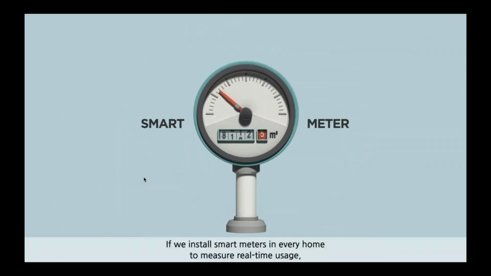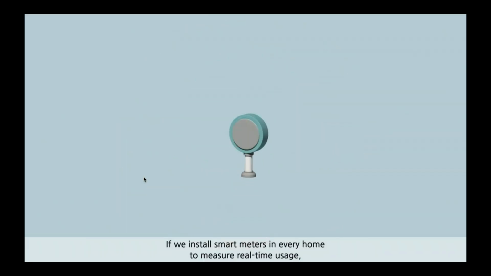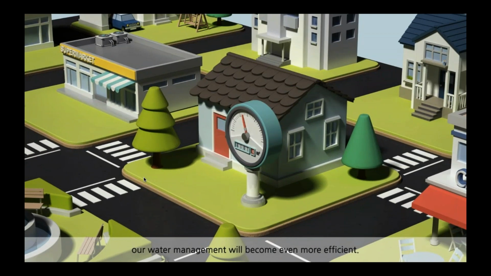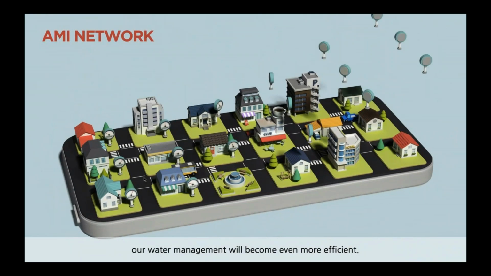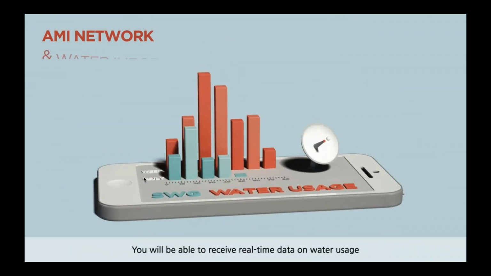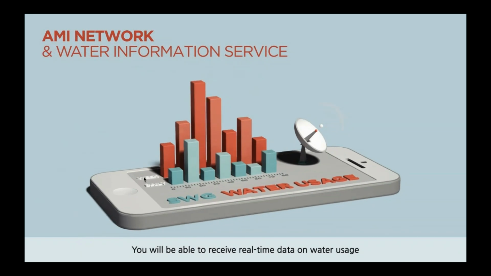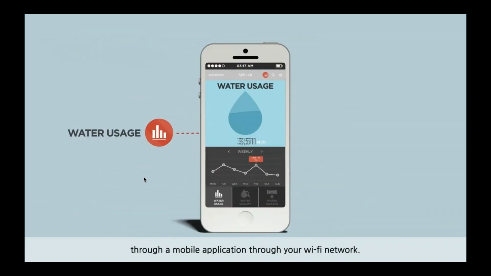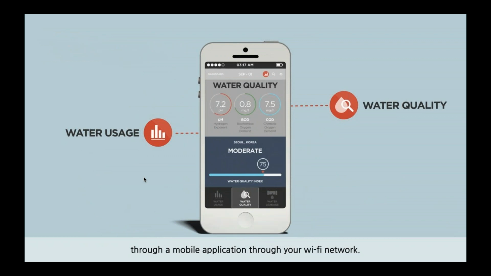If we install smart meters in every home to measure real-time usage, our water management will become even more efficient. You will be able to receive real-time data on water usage through a mobile application through your Wi-Fi network.